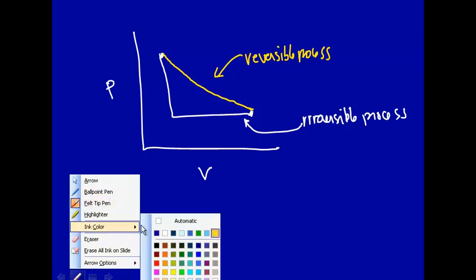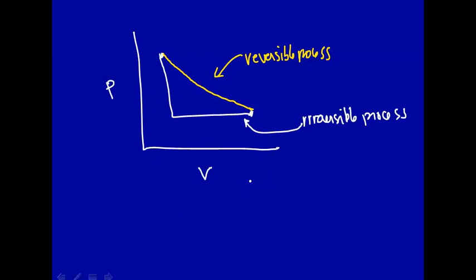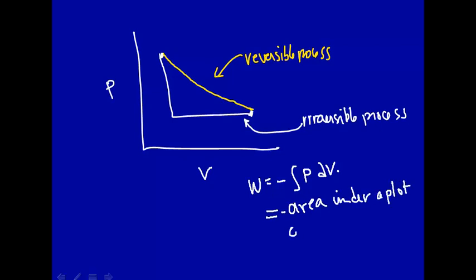All right, let's go back to white. So recall that work is minus the integral of P dV. So a qualitative way of looking at this is minus the area under a plot or a graph of P versus V. Because remember, integrals are summations.